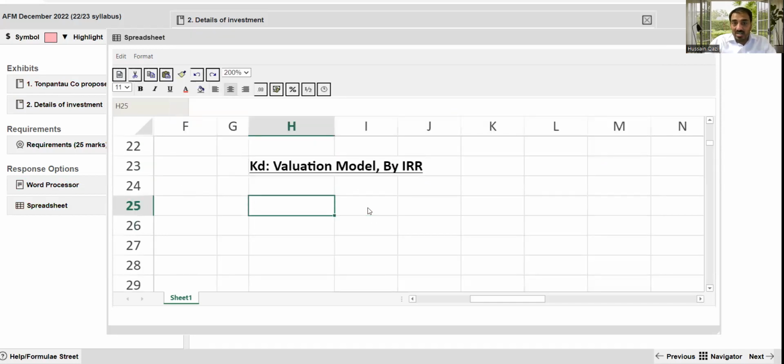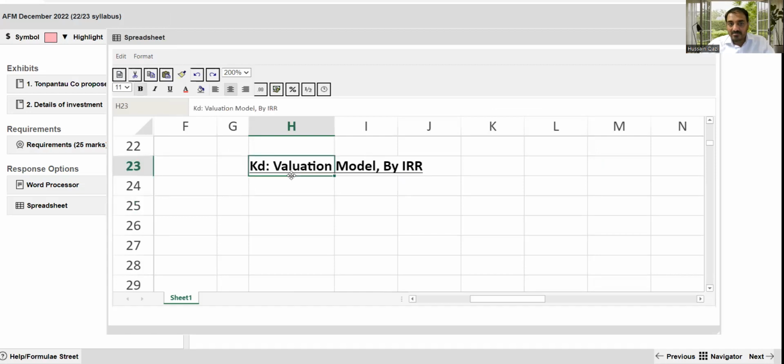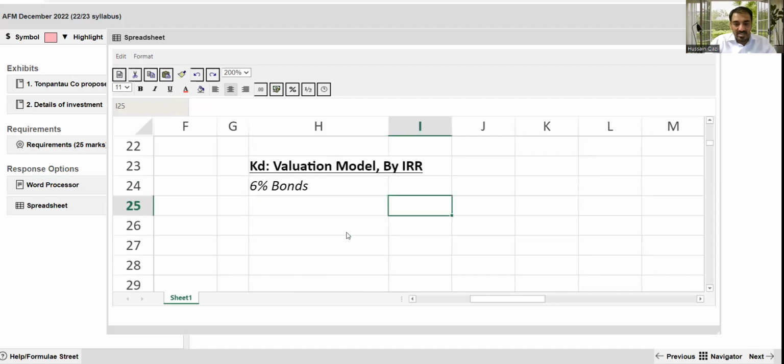If you are going to calculate the IRR of these 6% bonds, how to calculate? Number one, here mention the future cash flow, and you have to consider like an investor.